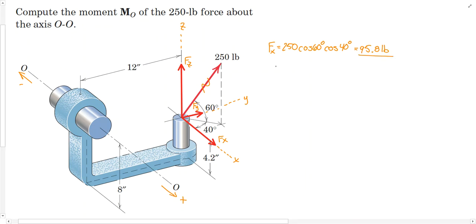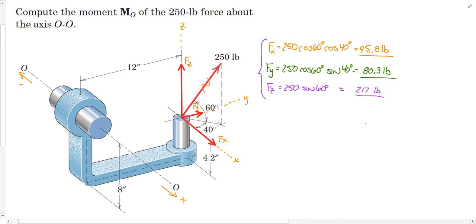And then Fy would be 250 times the cosine of 60, and then times the sine of 40 degrees, which would give us 80.3 pounds. And then our z component would be 250 times the sine of 60, and that would give us 217 pounds. So those are the force components.